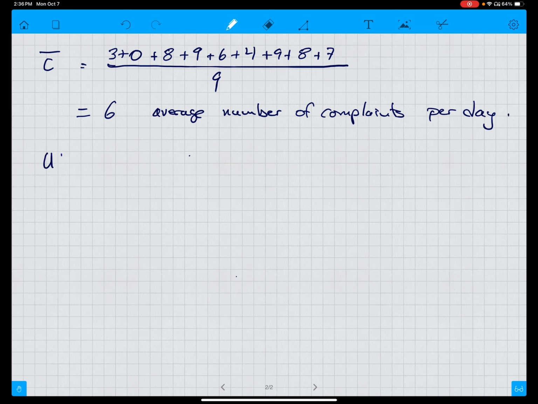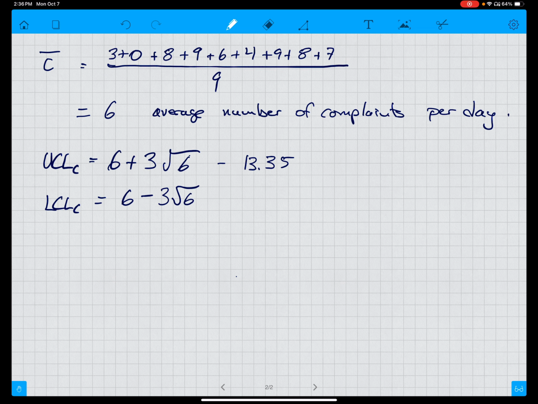So upper control limit C is equal to 6 plus 3 times the square root of 6, which is equal to 13.35. And the lower control limit of C is equal to 6 minus 3 times the square root of 6, which is equal to 6 minus 3 times 2.45, which is a negative number.